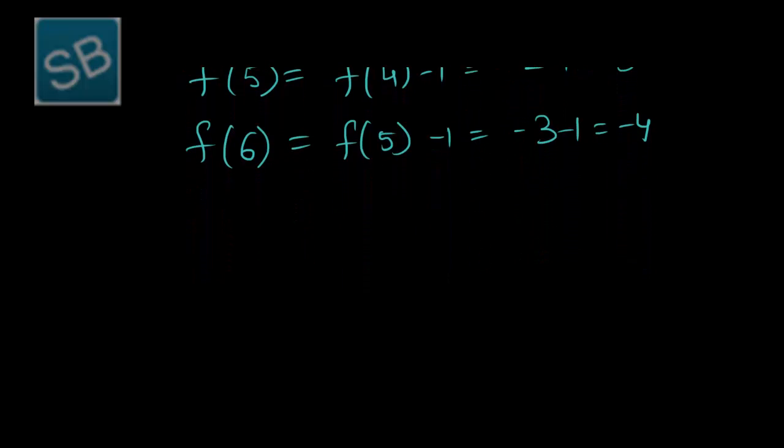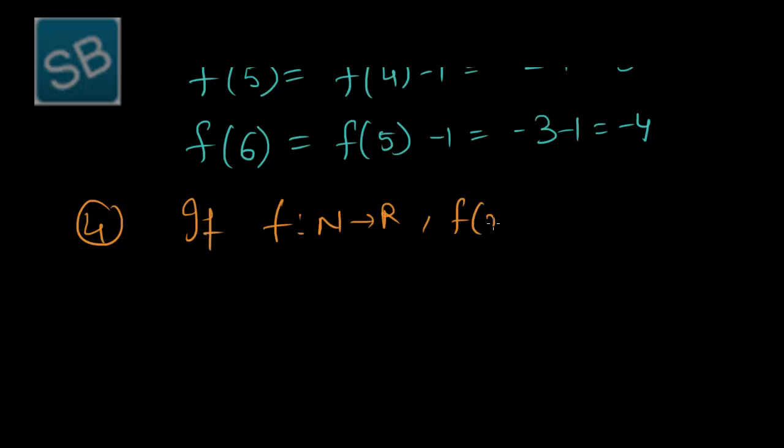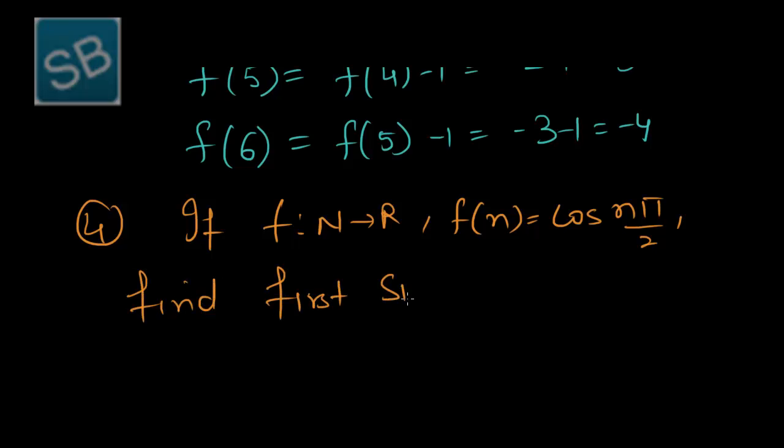Now the next problem is: if f of n is such that f of n is equal to cos n pi by 2, find first 6 terms of the sequence.